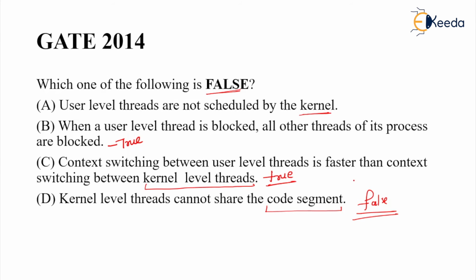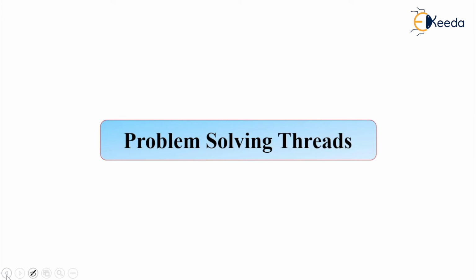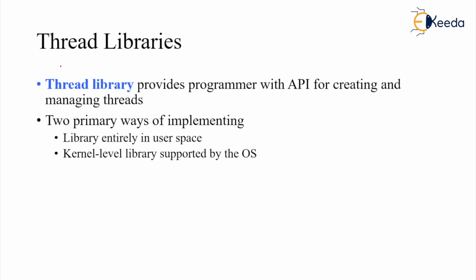Okay, user level threads are not scheduled by the kernel. The kernel doesn't see them. Now in this topic, there is a thread library that provides APIs for creating and managing the threads.